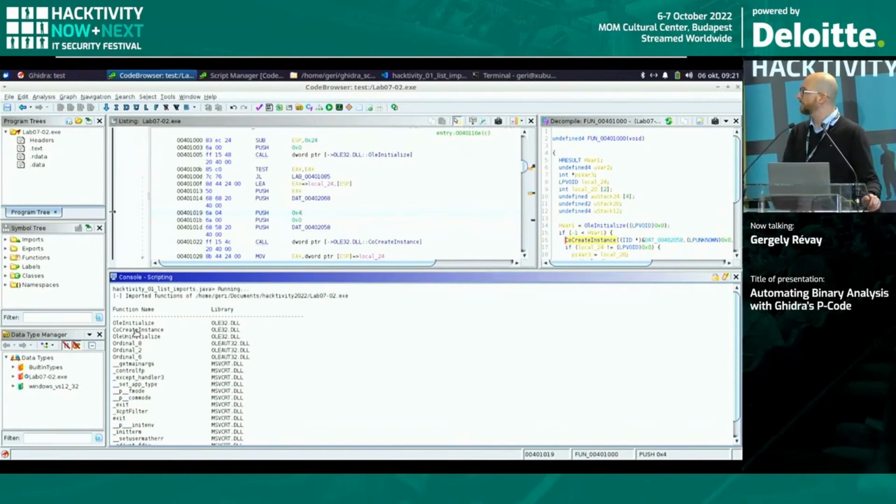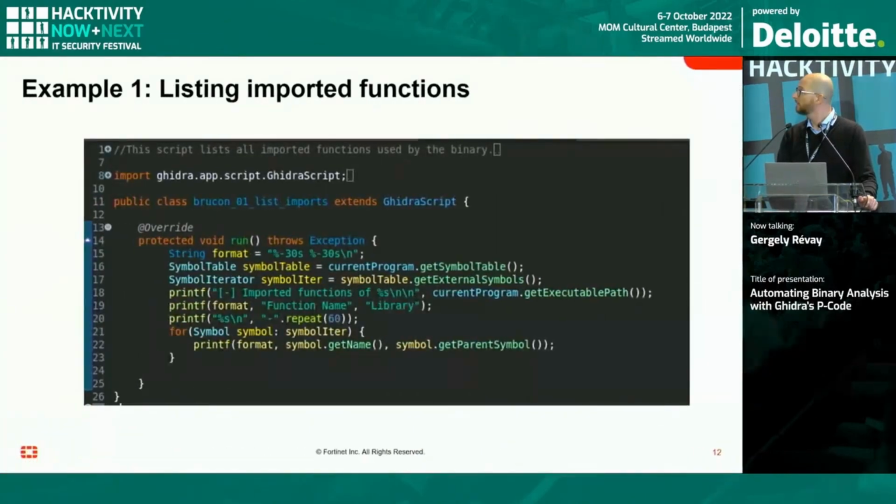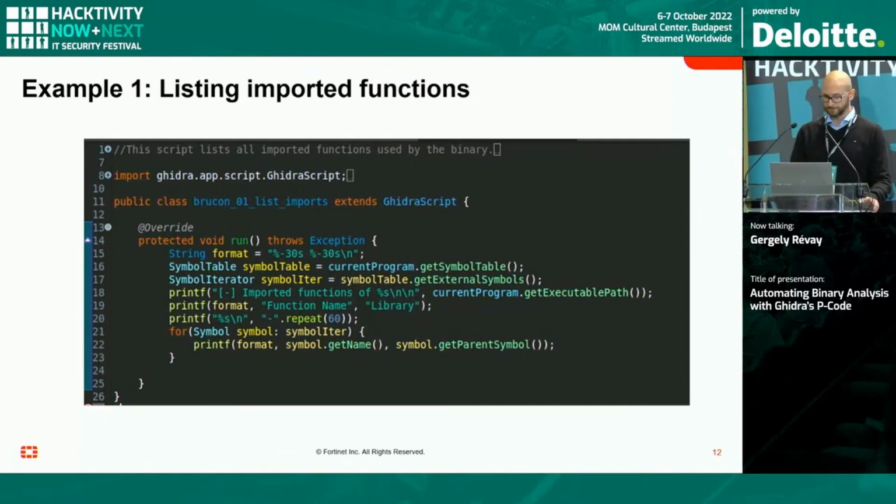This is basically what we did: I just listed all the imported functions and printed the DLLs that they were imported from. So that's pretty much what this script does, but I hope it gave an idea of what a Ghidra script looks like.